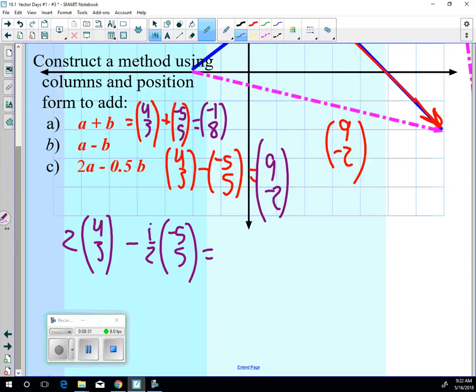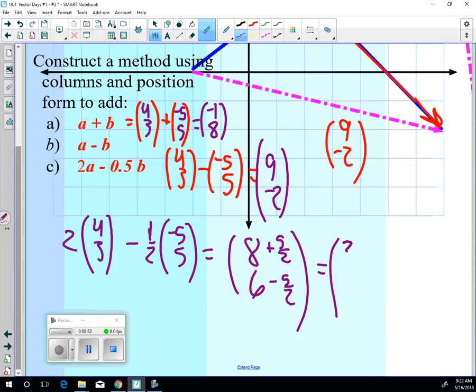This is going to be 8 plus 5 halves. And this is going to be 6 minus 5 halves. So this is going to be 16 halves plus 5 is 21 halves. And 12 halves minus 5 is 7 halves. What do you think?